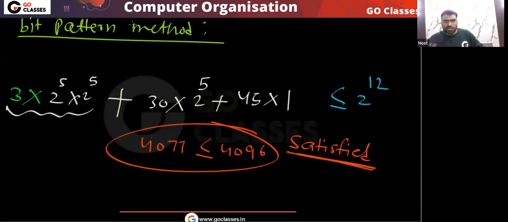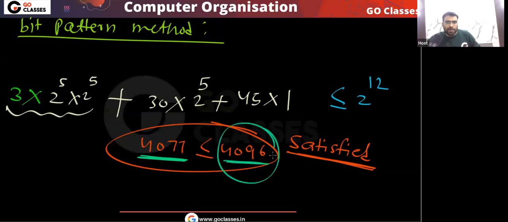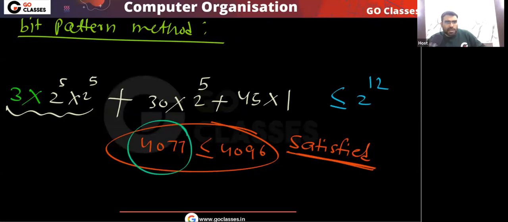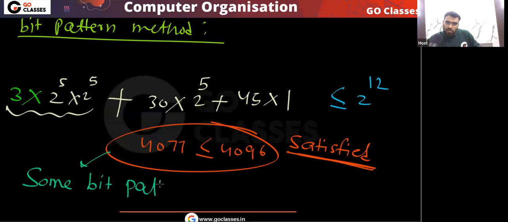One more observation you can make: total these many bit patterns are possible, but we want only these many bit patterns. So some bit patterns will be unused. Yes or no?